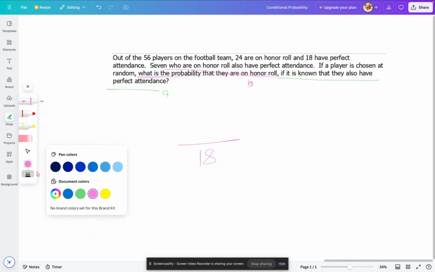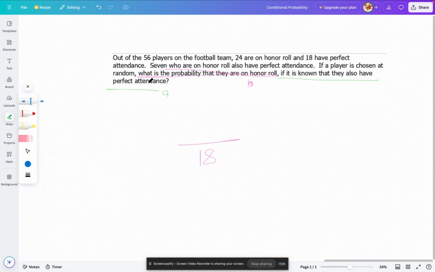Over here, if you look closely, it says 7 people who are on the honor roll also have perfect attendance. Our choices can only be between these 7 people as they satisfy the equation. They are on the honor roll and they are known to have perfect attendance. So it's going to be 7/18. And this is your final answer.